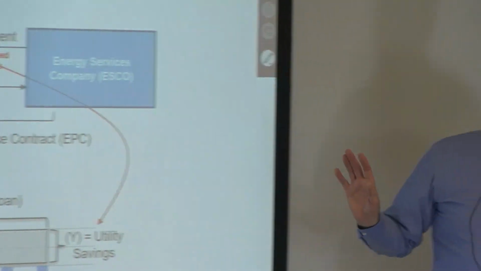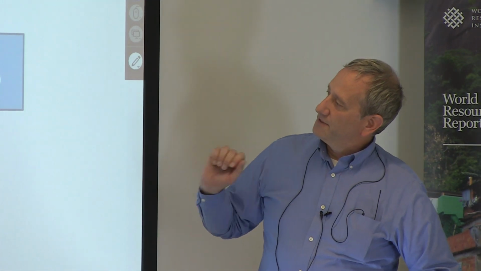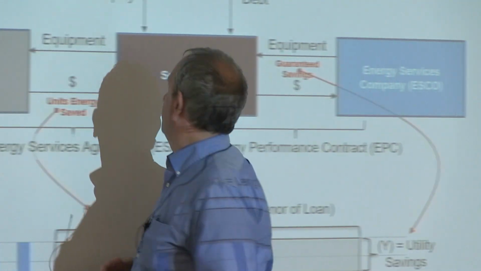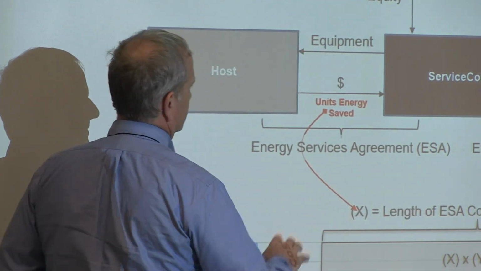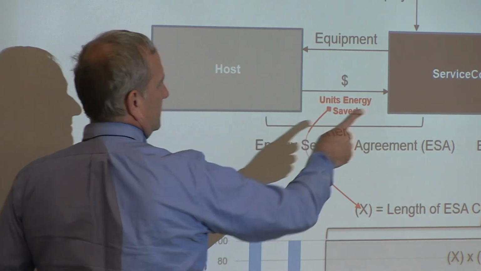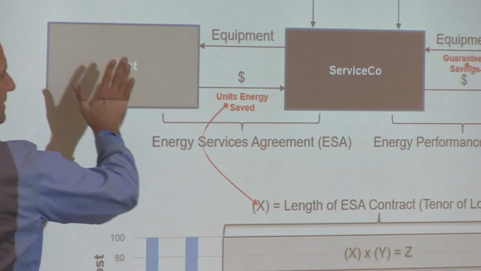What energy services companies tend not to want to do today is be in the finance business, and they don't want to be in the ownership business. So usually, I wish I had a diagram for this, but it's pretty simple. Usually what happens in a traditional energy performance contract is this box disappears, and there is an energy performance contract between an ESCO and a host.